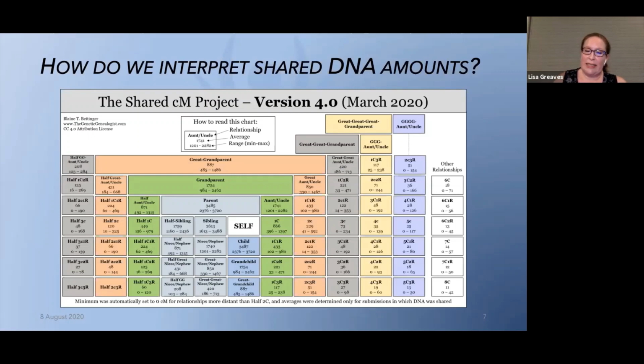It's the unpredictability, because you never know if someone's going to be on the average or if they're going to be on the low end or the high end. And it makes a big difference in what generation you're looking for the shared ancestor. In other words, how closely related that person is to you. When you take an ancestry test, they do try to guesstimate for you how that person is related to you. So if you had a DNA match who shared 750 centimorgans with you, Ancestry would go ahead and estimate that as a first cousin.